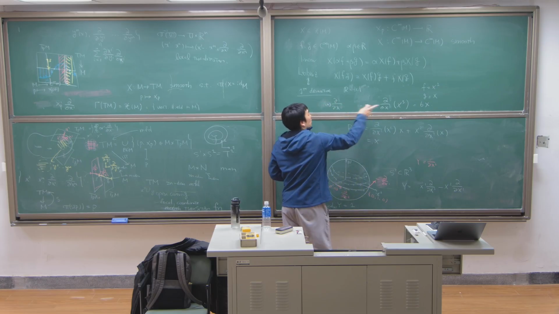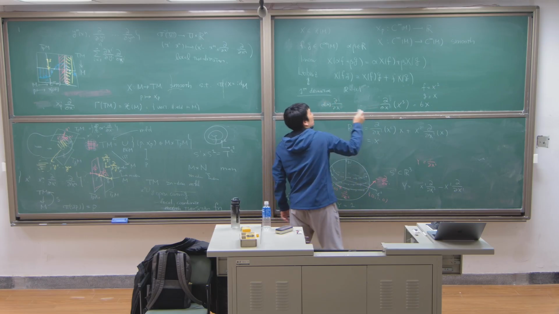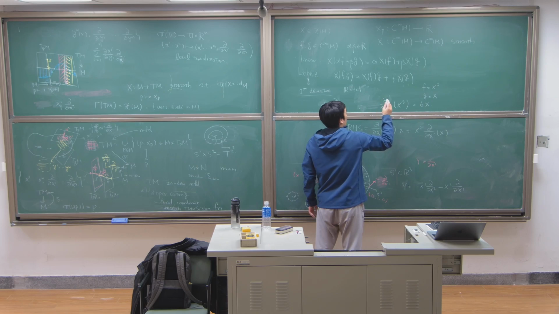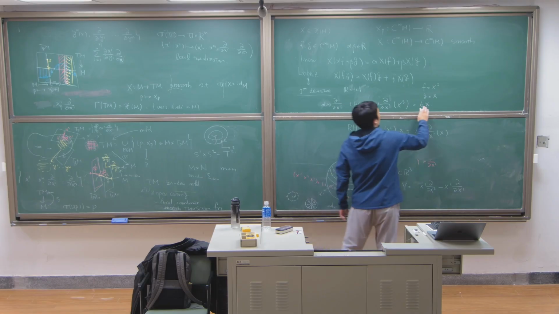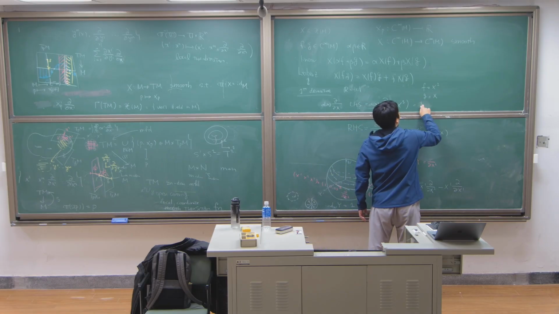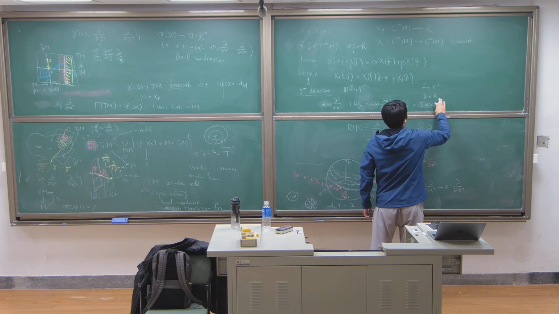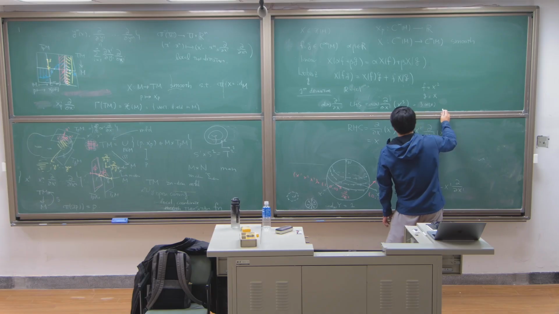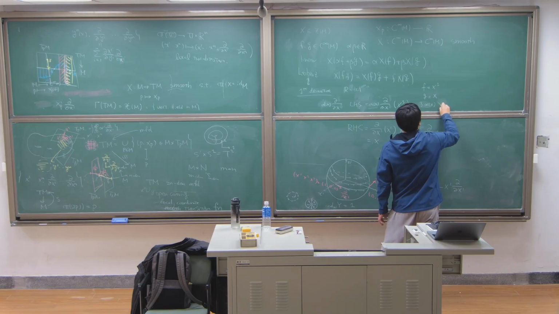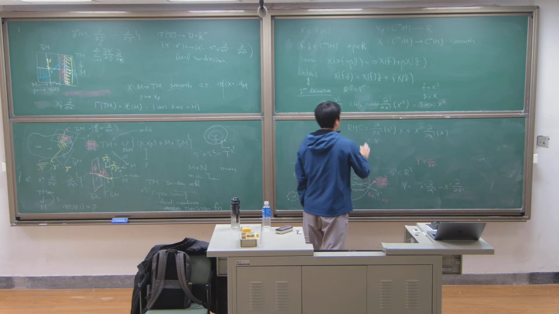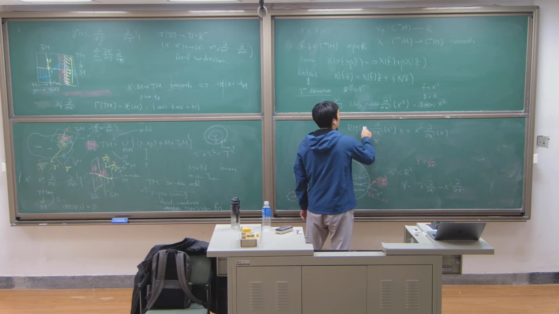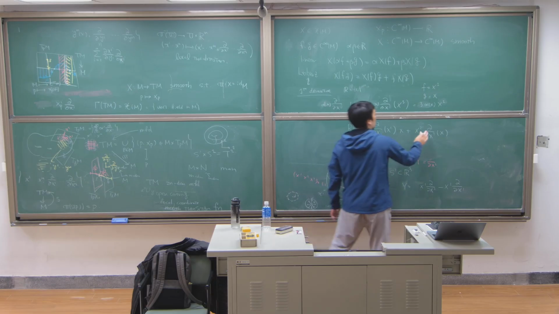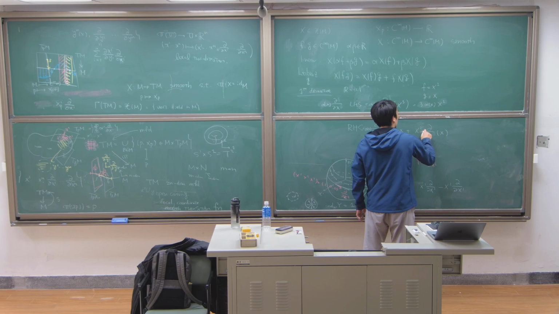Oh, I shouldn't use f because I already did. Let's see, alpha of x. Alpha of x on the left hand side. So this one is equal to 3 times alpha of x and x squared. On the other hand, the right hand side is alpha of x, and then here alpha of x.